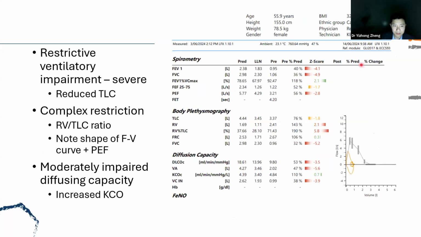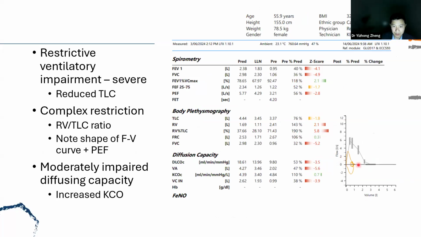This is a different restrictive physiology. So you have a normal ratio, mildly reduced TLC. However, the FVC is markedly reduced because there is increased RV. So you wonder if it's gas trapping or impaired lung emptying.